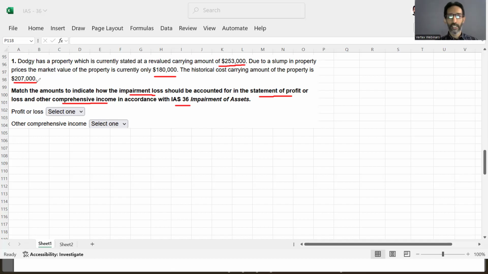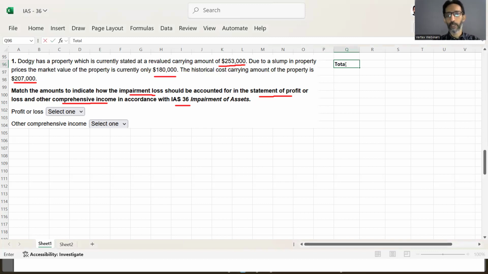So what is the value that is kept in the revaluation surplus? That portion of the impairment goes to the other comprehensive income, and the other part which is below this value goes to the profit and loss. So when I do the math, you will understand it. Let's get on with it.